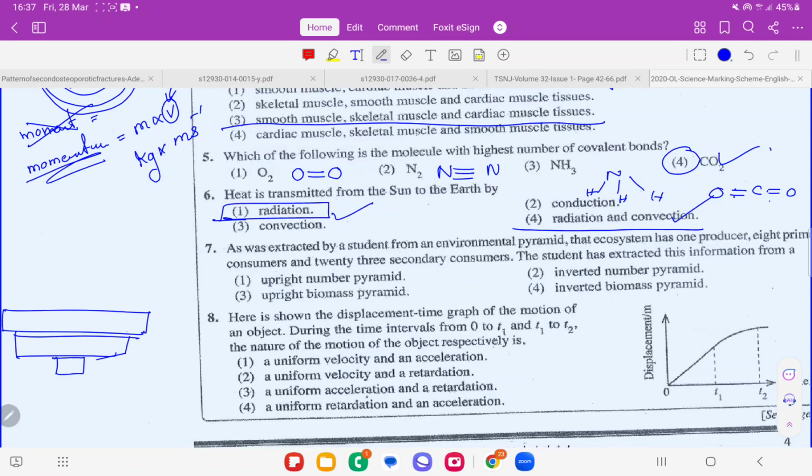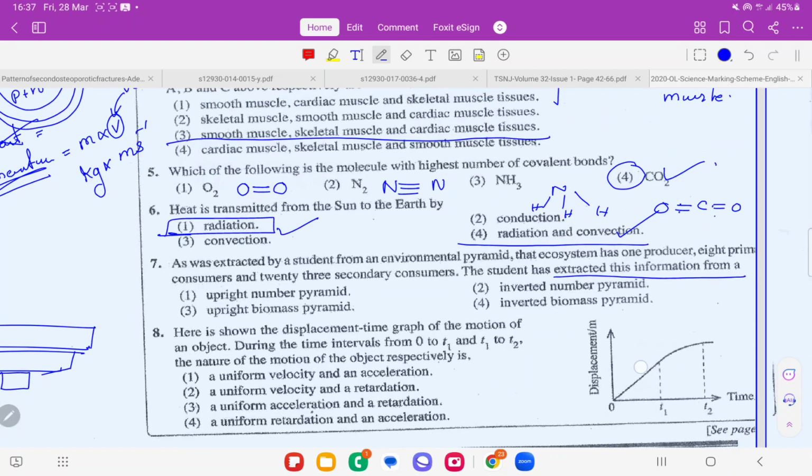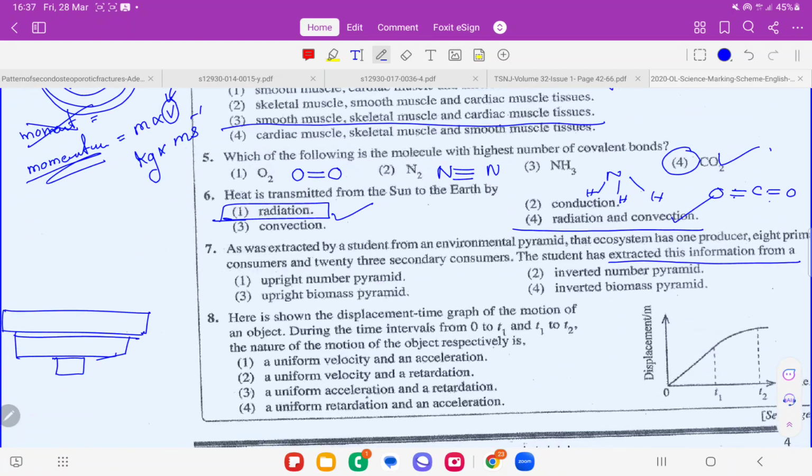So what was this information extracted from? An upright, not upright, inverted number pyramid, right? So the numbers are different: 1, 8 and 23. Number-wise it is different, so the second one is the answer.